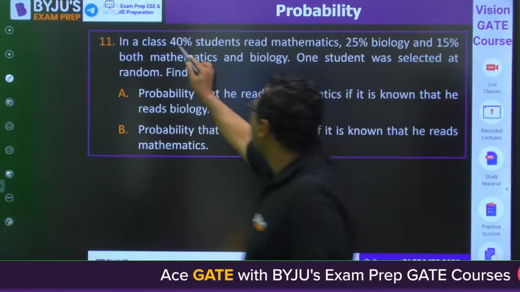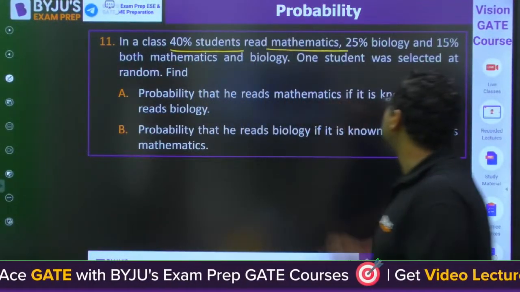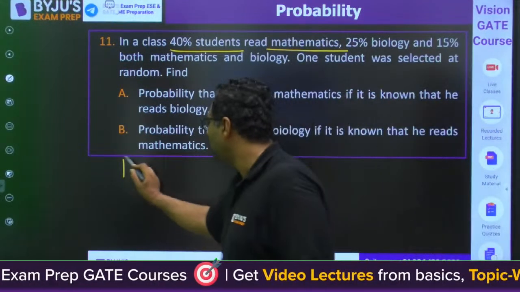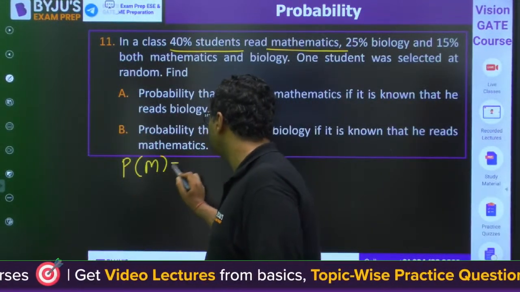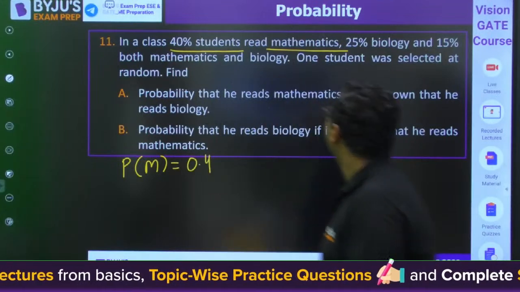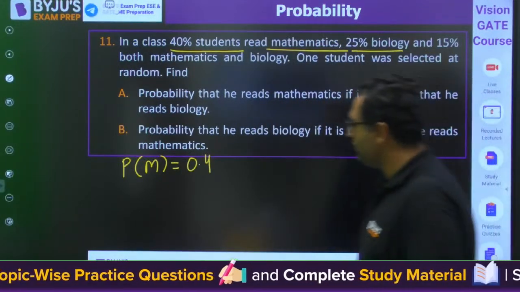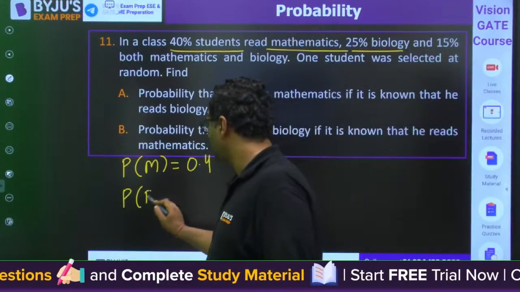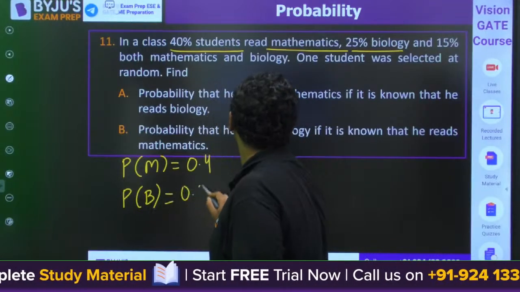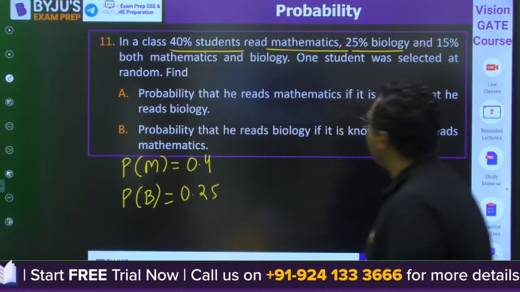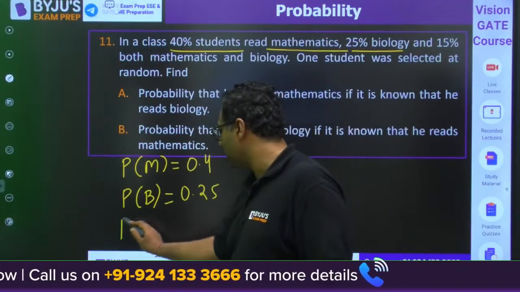In a class, 40% students read mathematics. 25% read biology. And 15% read both mathematics and biology.